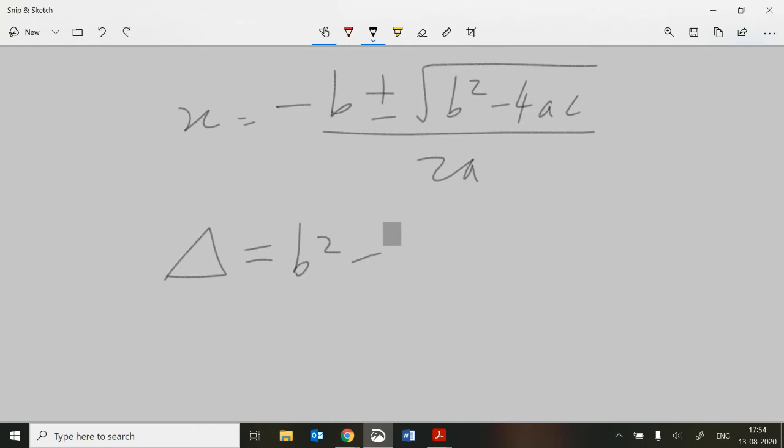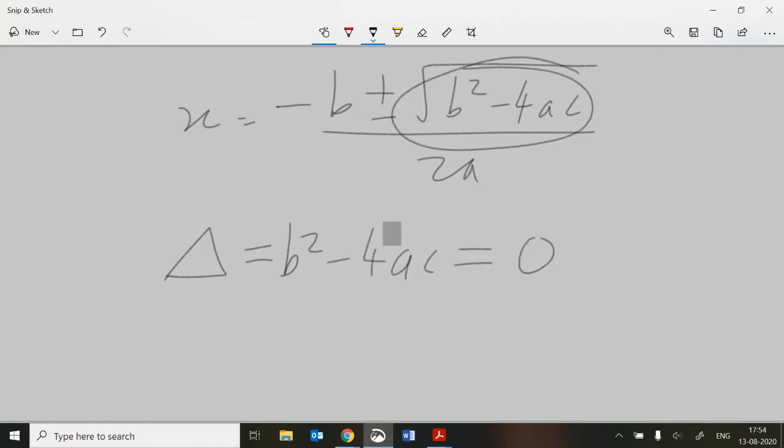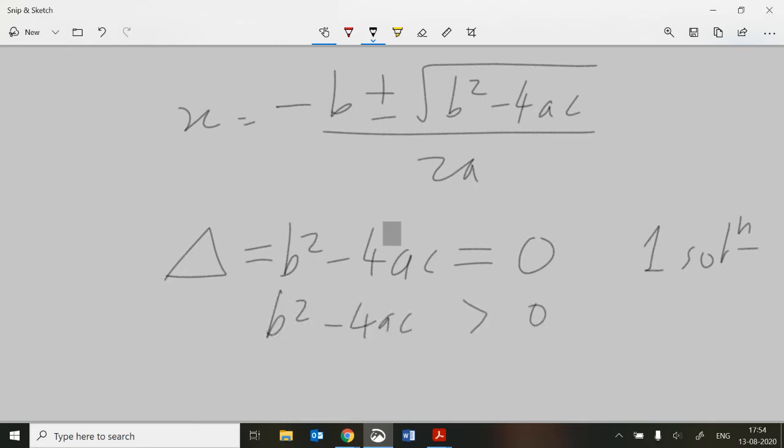Now, if b squared minus 4ac gives us 0, we'll be plussing and minusing 0, which is the same thing, which will leave us with just one solution. If b squared minus 4ac is bigger than 0, we'll get two solutions, because we'll be plussing and minusing the square root of a positive number.